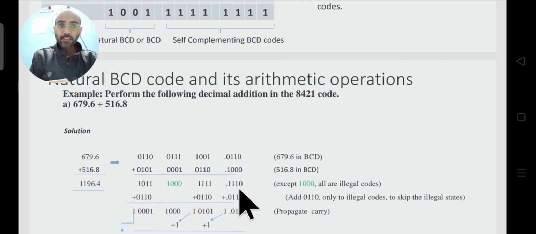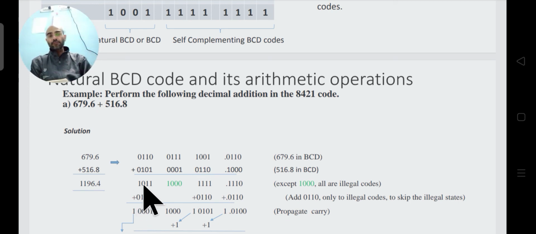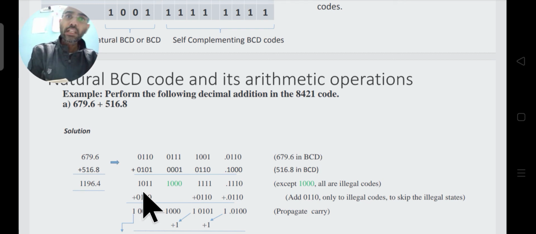If I convert this into the decimal equivalent, what will I get? See, 1001, 1011. If the BCD code is 1011, is this a legal code or an illegal code? We have to check this first.